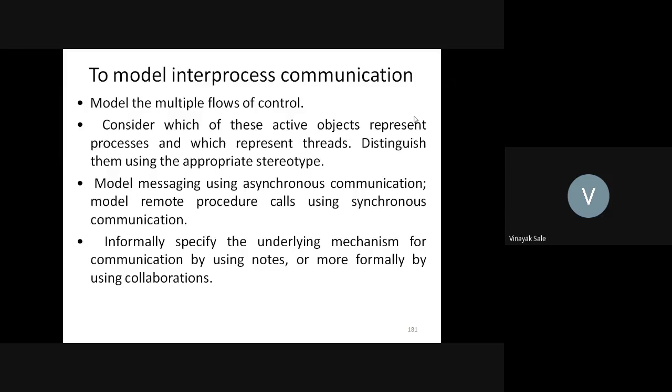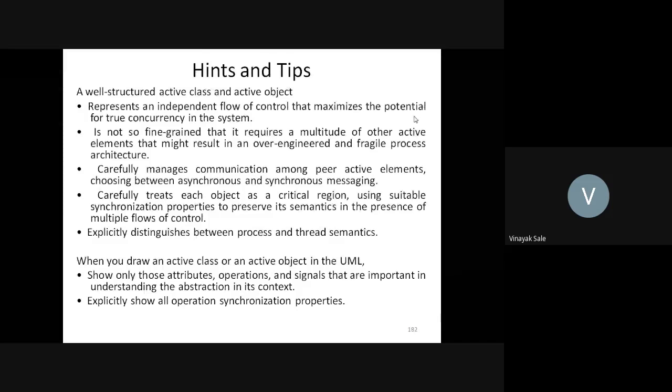So, what we studied in this chapter, that is, hints and tips. A well-structured active class and active object represents an independent flow of control that maximizes the potential for true concurrency in the system. It is not so fine-grained that it requires a multitude of other active elements, which might result in an over-engineered and fragile process architecture.